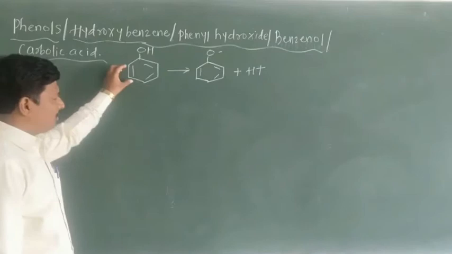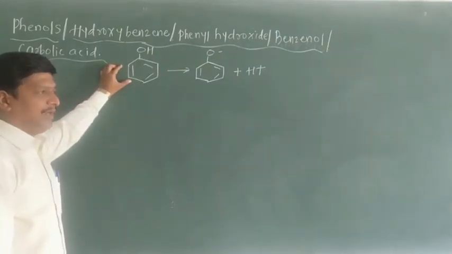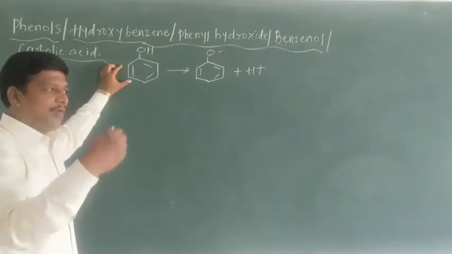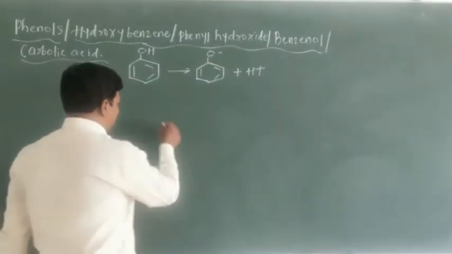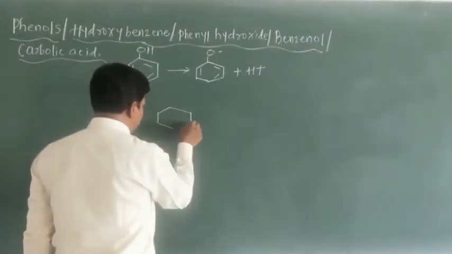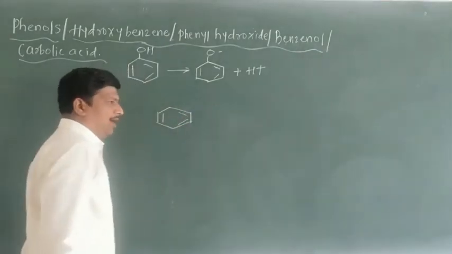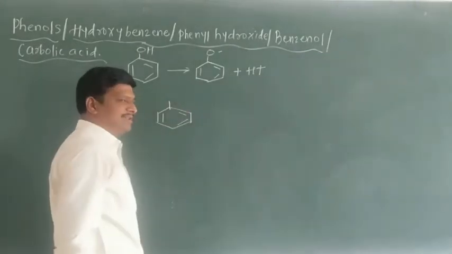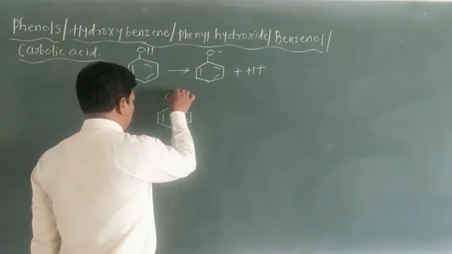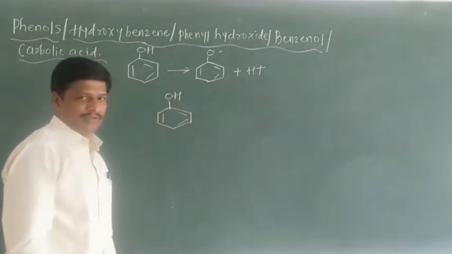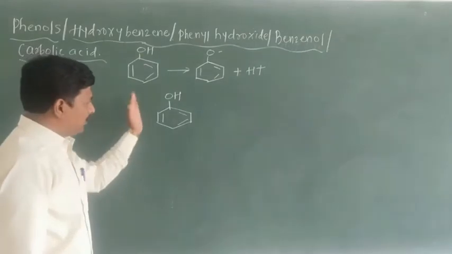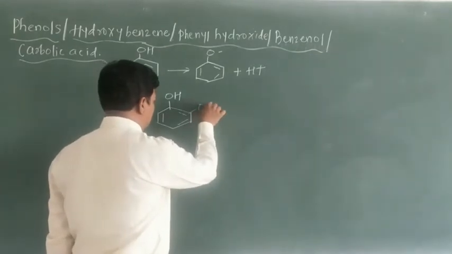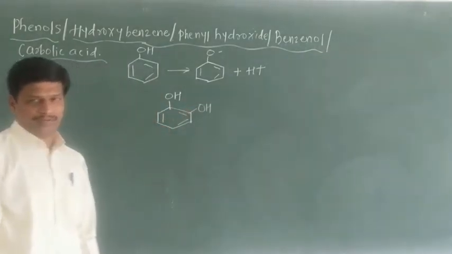Phenols are aromatic hydroxy compounds in which one or more hydrogen atoms are replaced by the OH hydroxy group. For example, suppose this is the benzene ring, which means it is an aromatic compound. As we replace one hydrogen atom from this benzene ring and keep the OH group, it is known as phenol. Now, if we remove two hydrogen atoms from this benzene ring and again keep OH groups, it is also a phenol.